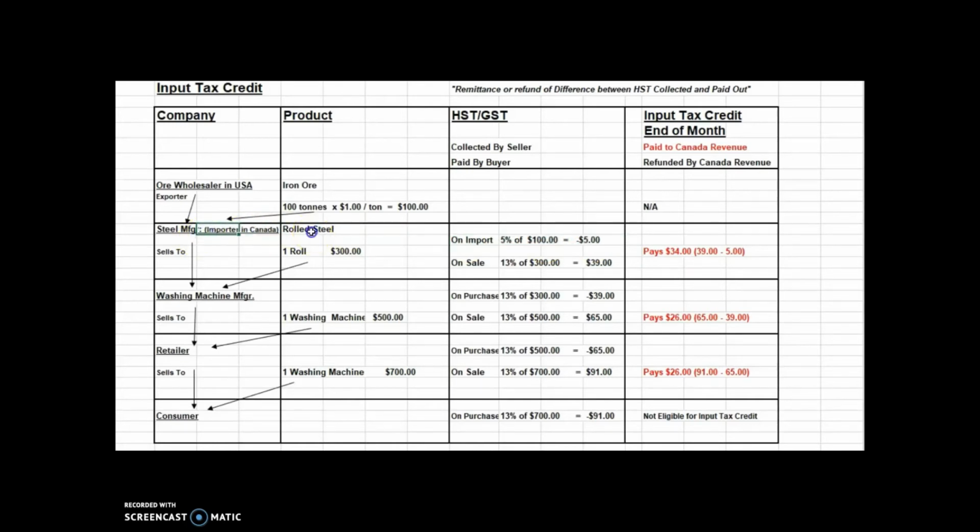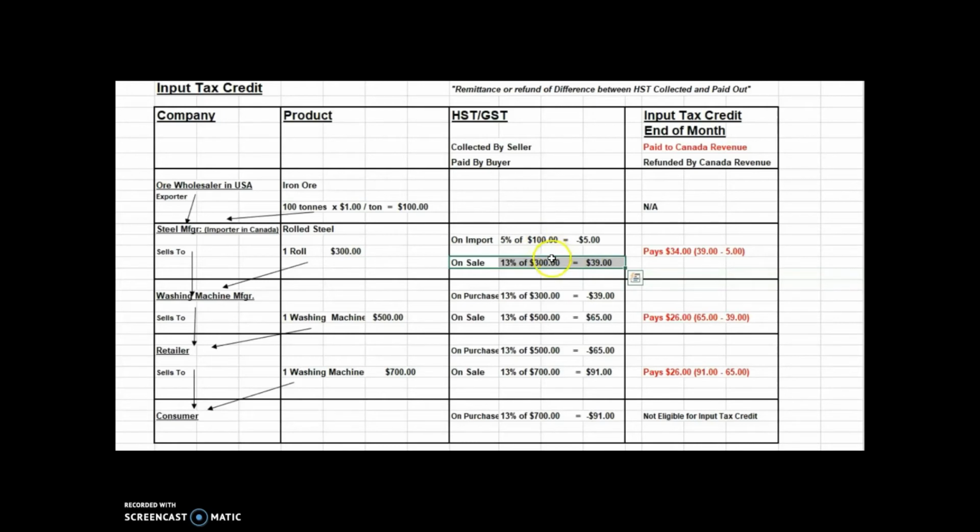The steel manufacturer takes that iron ore and makes a roll of steel and sells that roll of steel to a washing machine manufacturer for $300. So on that sale, they have to charge the washing machine manufacturer 13% HST on the sale. So they collect $39 HST, 13% of $300.